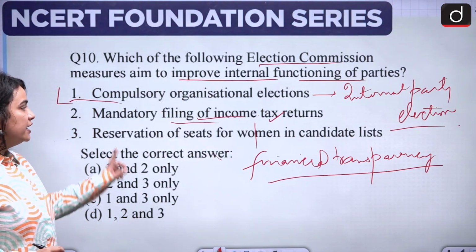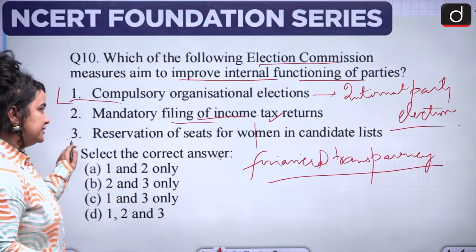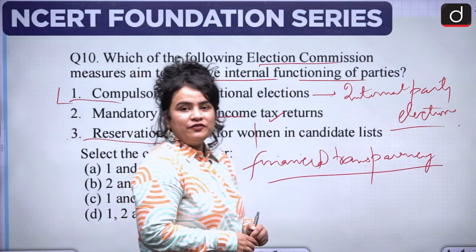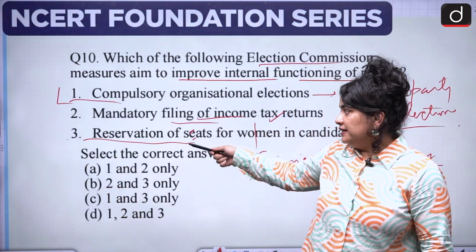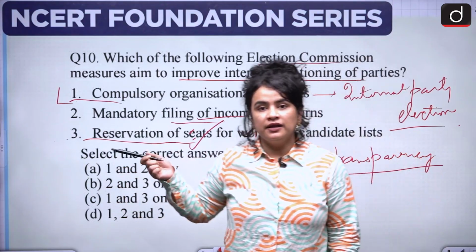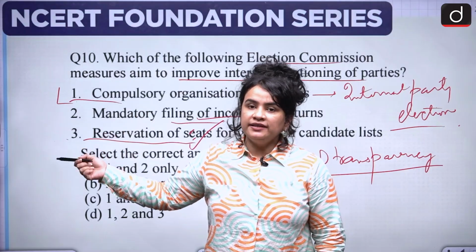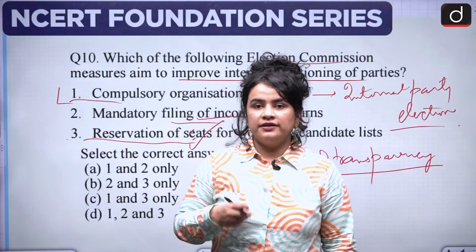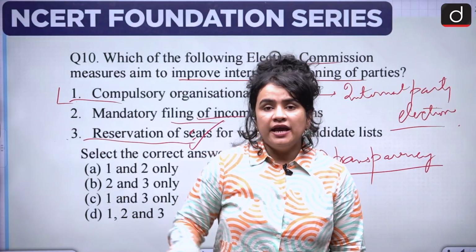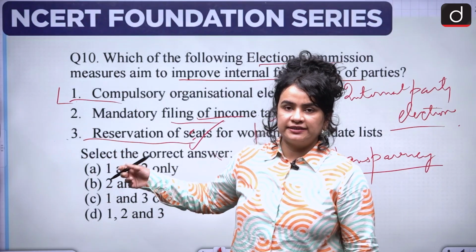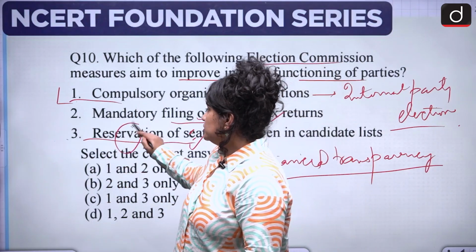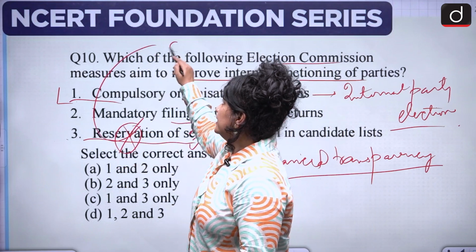Third, reservation of seats for women in candidates list. Now, this seems to be like a very tempting thing to do. And of course, this has been debated as well. But while this option is available in the Panchayat elections, and now the Nari Shakti Vandan Adhiniyam has also been brought in, although pending delimitation and census exercises, this is not an ECI mandate.